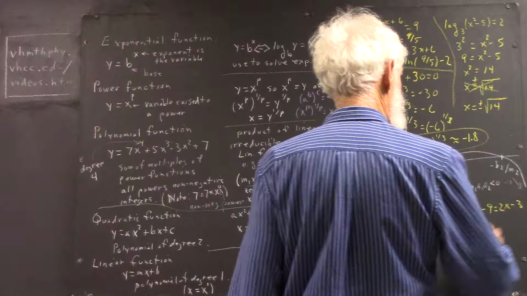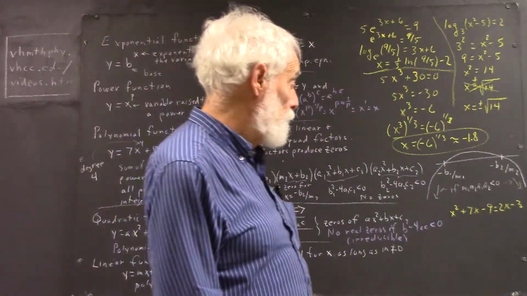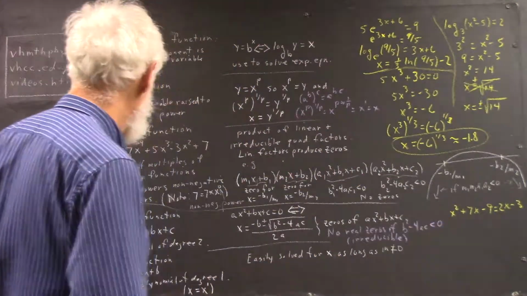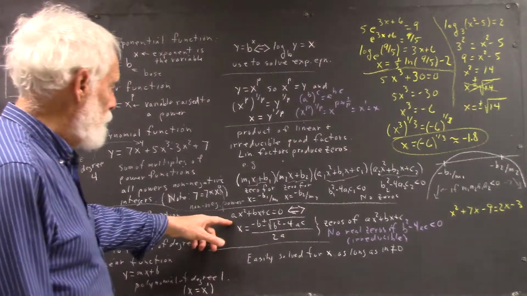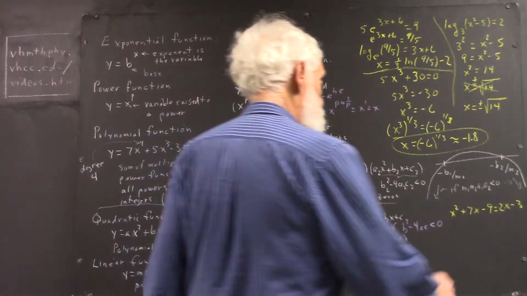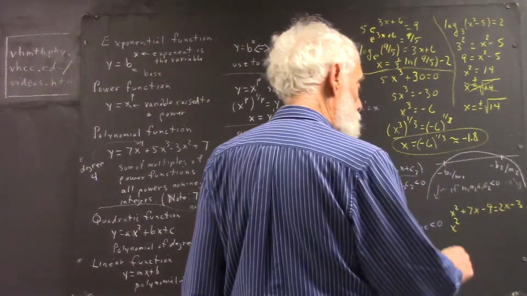Okay, quadratic function. Well, this is a quadratic equation. You recognize it as quadratic because you know that if we put everything on one side, it's going to have the form of a quadratic equal to 0. So we do that, x squared. We're going to subtract 2x from both sides.